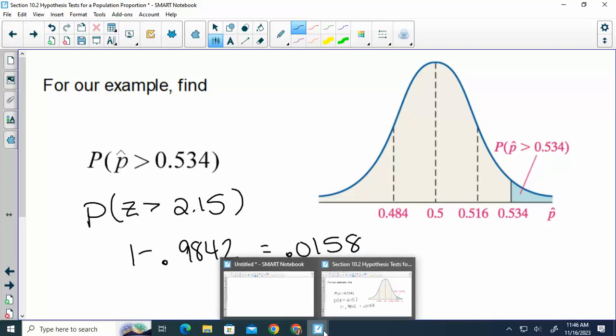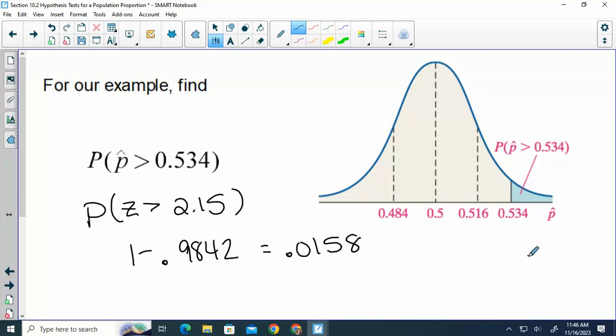So if the null hypothesis is true, there's only about a 1.58% chance that this could happen. That is very, very small, very, very unlikely. So that is considered unusual. And we would reject the null hypothesis. We have reason to believe that the null hypothesis is not true. Because if it was, this would be a very unlikely result.